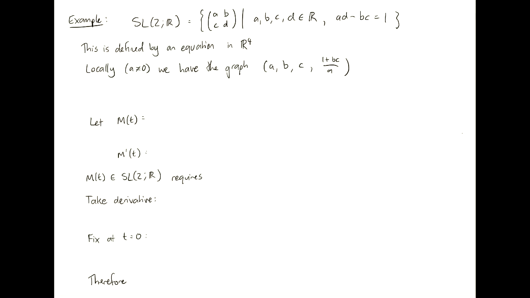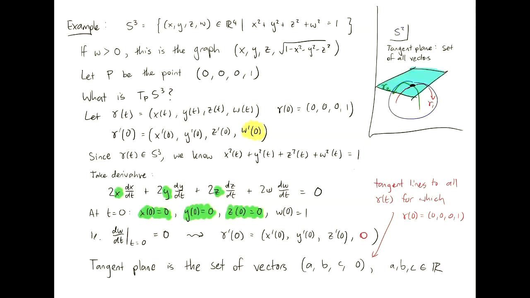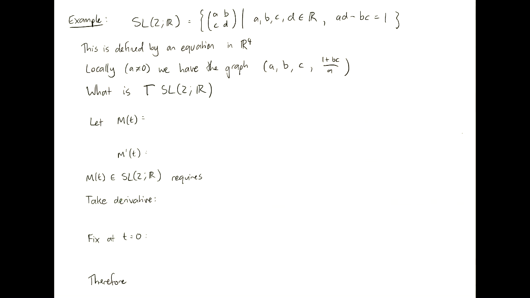So we have this graph, and we want to say what is T at a particular point, and I'll put that in a moment, of SL2R. A point. So here I picked 0, 0, 0, 1, a nice sensible point. But that's not really a thing I can do here.